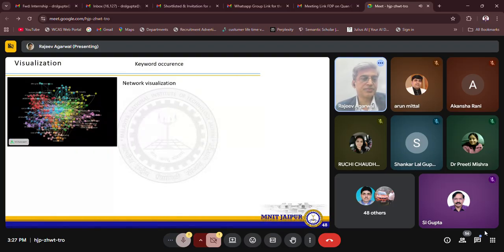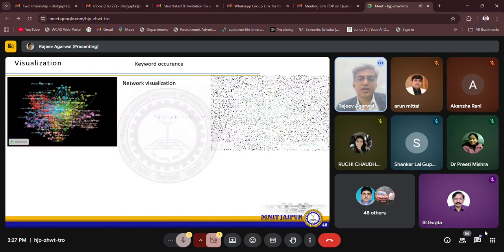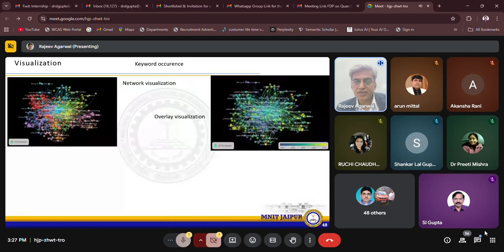this is one kind of network. Another, you can see this is the keyword, sustainable manufacturing. Out of 100 keywords, sustainable manufacturing is a very important keyword compared to others, like work simplification, environment, life cycle.